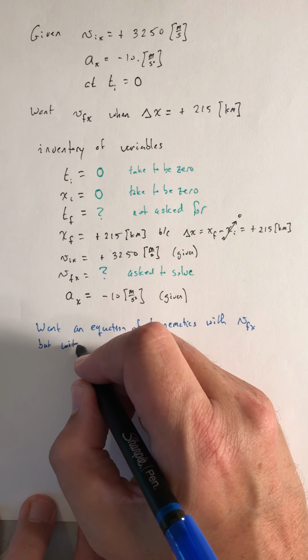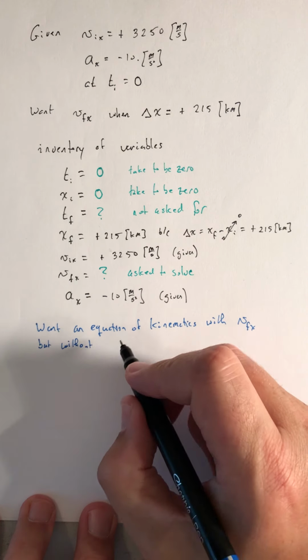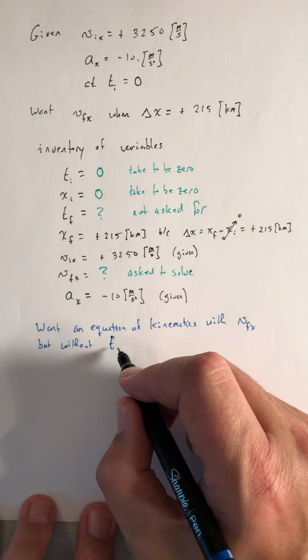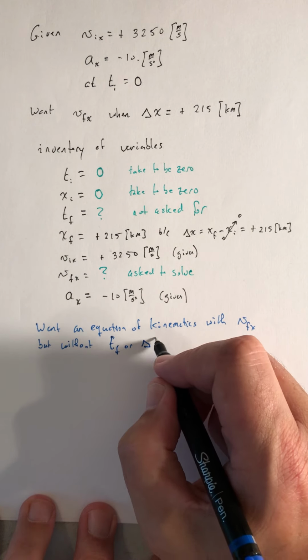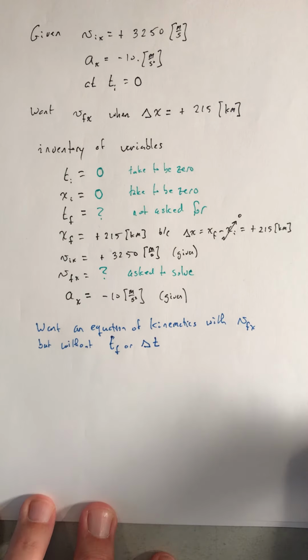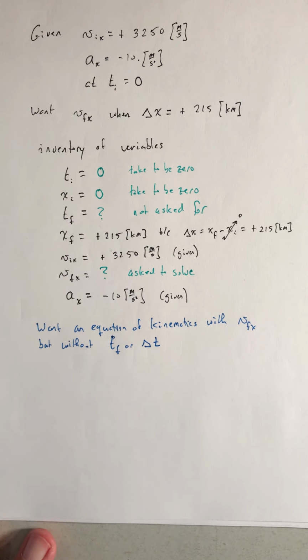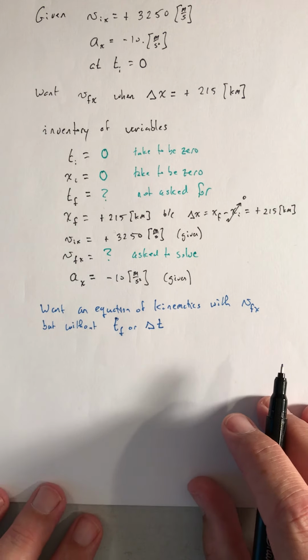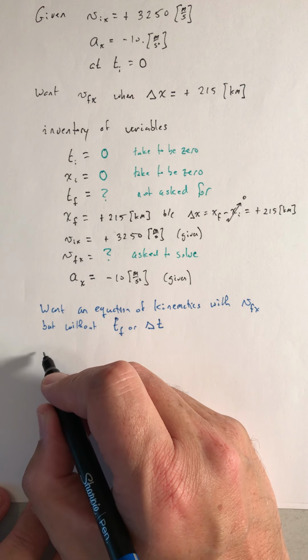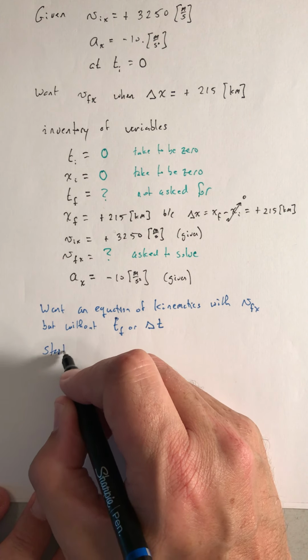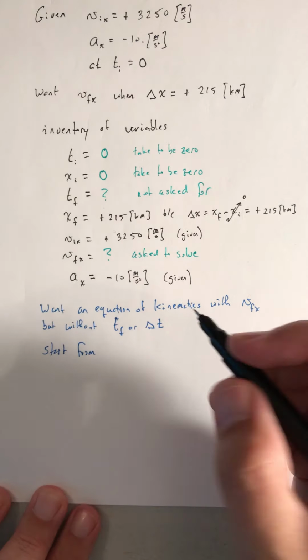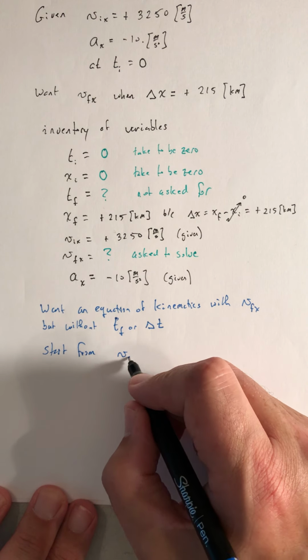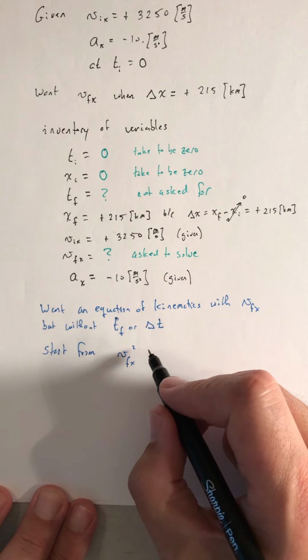But we do not want to have t final or delta t. And that ensures that we'll have an equation with only one unknown. Okay, so that tells us that a good equation to work with is the fourth equation of kinematics, the one that does not involve time.